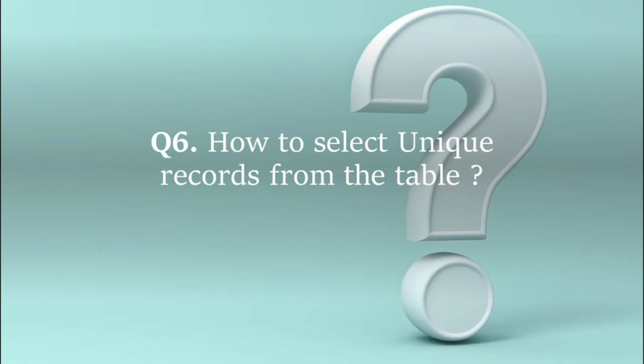Think, if there is a table in which you have names, and you have also considered that there might be duplicate names in it, how do you get the unique names from the table? Think. I will give you 10 seconds.